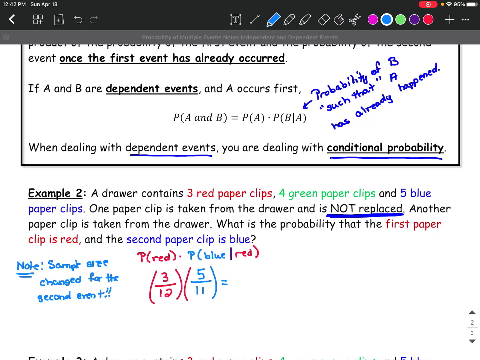So now we're going to go ahead and multiply. 3 times 5 is 15 over 12 times 11 is 132, which if that's a multiple choice answer, you're done. But we can reduce that to 5 out of 44. And this would be our final answer. The probability of getting a red, not replacing it, and then getting a blue would be 5 out of 44. Awesome. Let's look at another one.